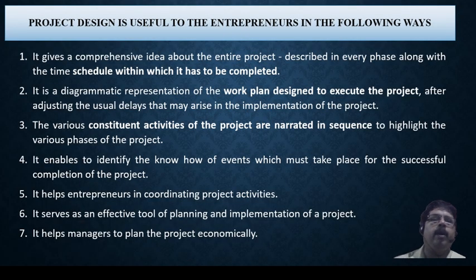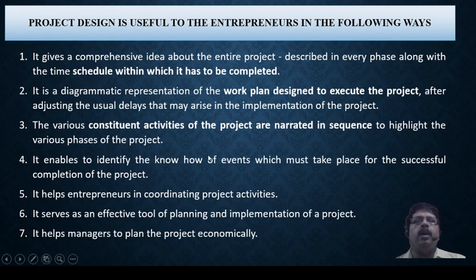Next, it enables you to identify the know-how of the events which must take place for a successful completion of the project. So these event details we can maintain in a Gantt chart. What event has to occur at what time, we can maintain in a Gantt chart with the timing details. I have just shown you the template of this.